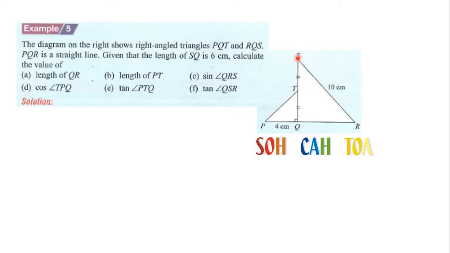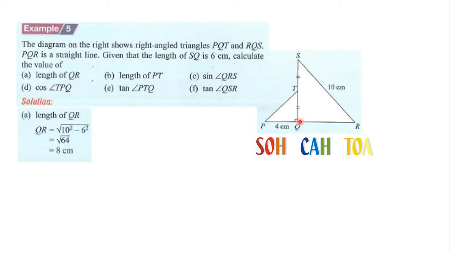This symbol means they have equal length. Therefore ST is 3 centimeter, TQ also 3 centimeter. Calculate the value of length QR. You want to know this side. So just use the Pythagoras theorem.